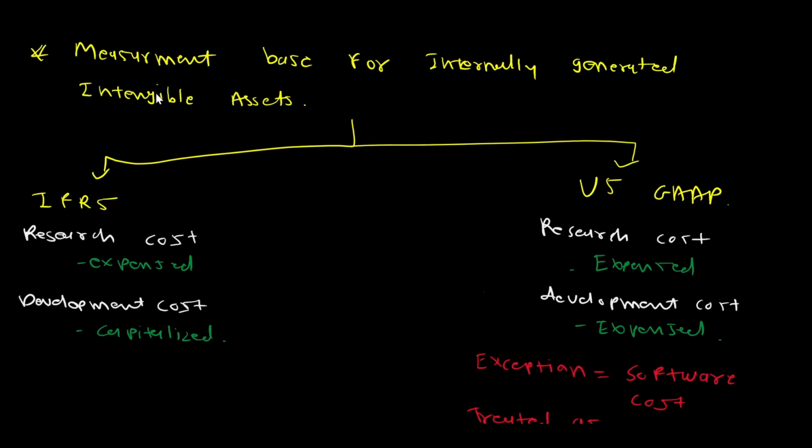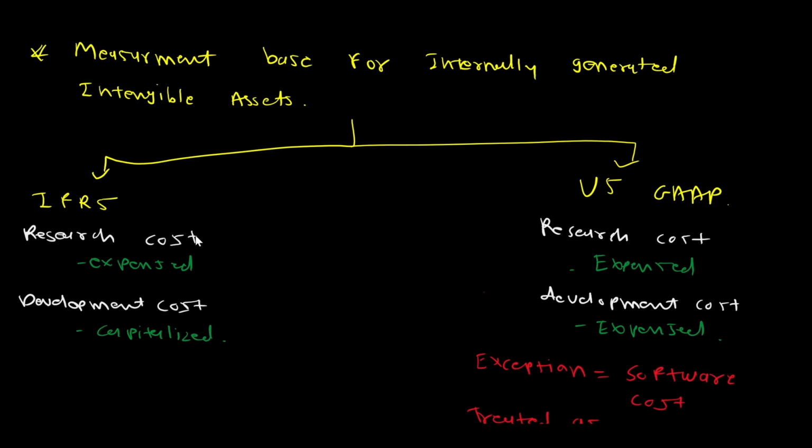Now let's discuss the measurement base for internally generated intangible assets. So intangible assets. According to the accounting standard under IFRS, research cost should be expensed and development cost should be capitalized.